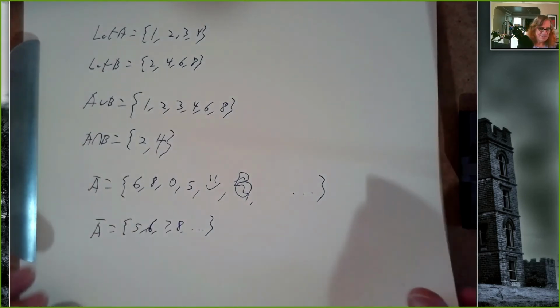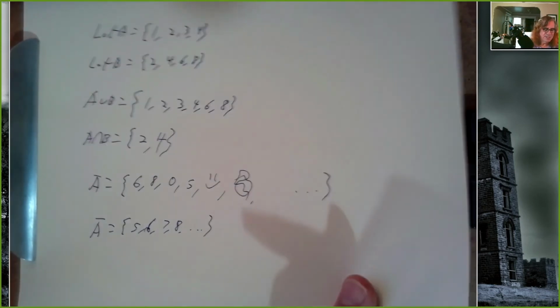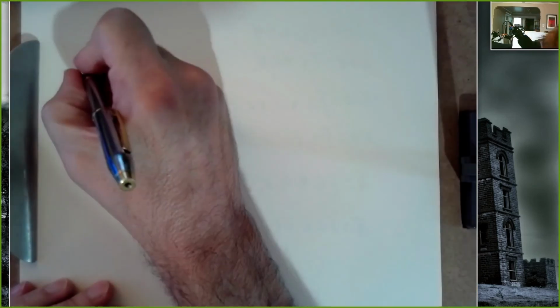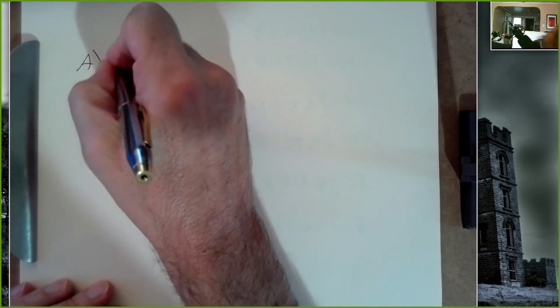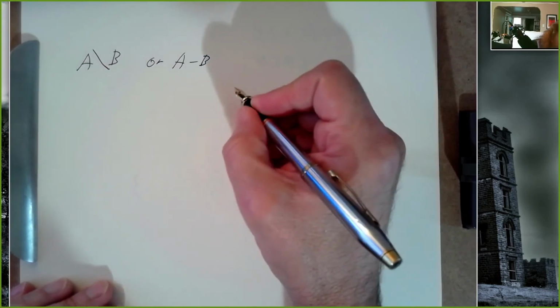So a lot of times when we talk about complement, we talk about the complement inside another set. We'll use this notation A subtract B, or sometimes you see it written with a plain old subtraction.